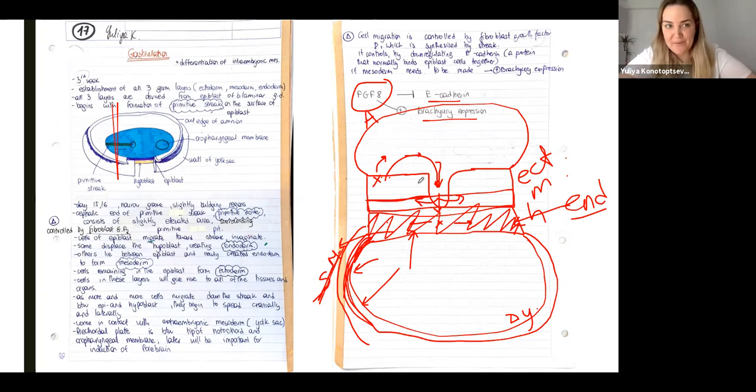Cells of the epiblast near the primitive streak. Those cells of the epiblast, which are adjacent to the primitive streak, are actively secreting fibroblast growth factor 8. This fibroblast growth factor 8 has two functions. Number one, it inhibits E-cadherin.